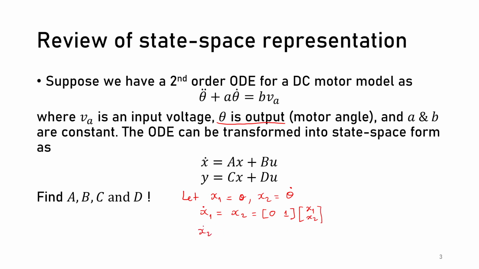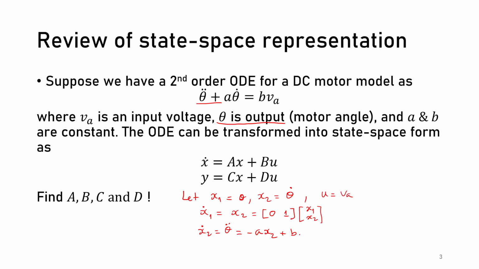Then h2 dot equal to theta double dot. From the equation here, theta double dot equal to minus a times theta dot, but theta dot is h2, plus b times va, and let va equal to u.